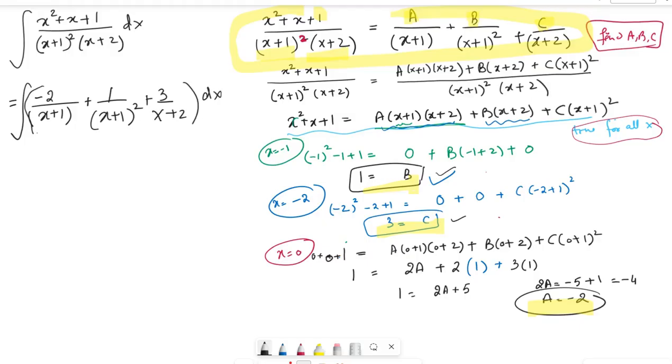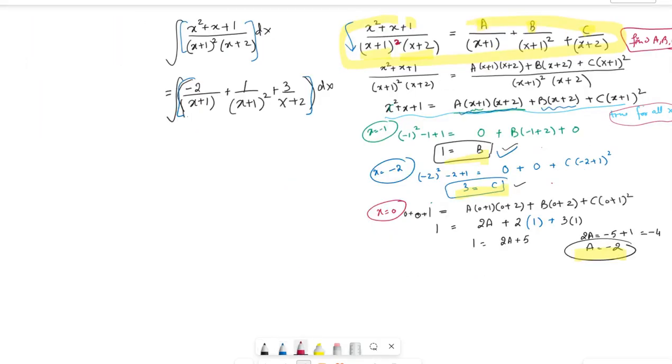That means this fraction can be written as this instead using our work on this side. So now the last thing we need to do is integrate this.